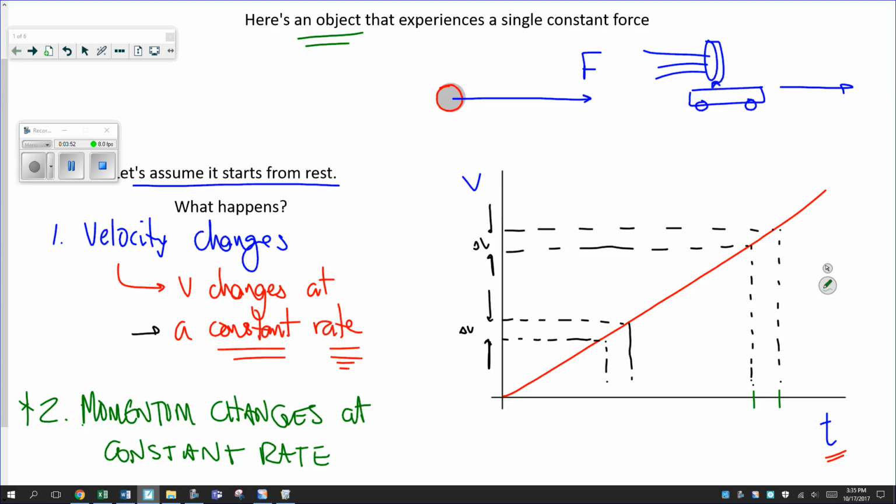In this case, momentum happens to increase in magnitude. When I say increase in magnitude, I mean it starts at 0, because we said it starts from rest, and ends at some bigger value. Now notice, this isn't a graph of momentum, it's a graph of velocity as a function of time, but since momentum is m times v, if we multiply mass times whatever is on our y-axis, then we have momentum.